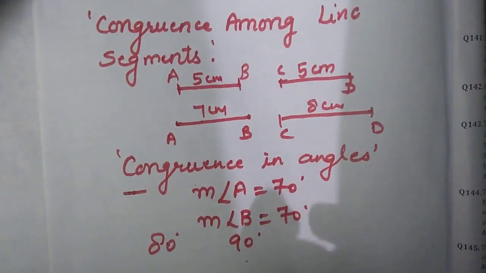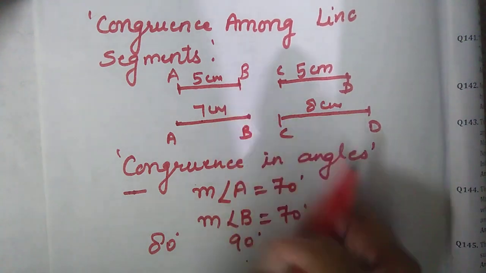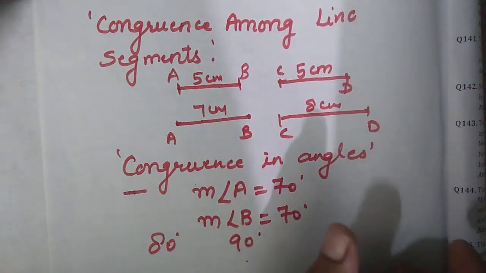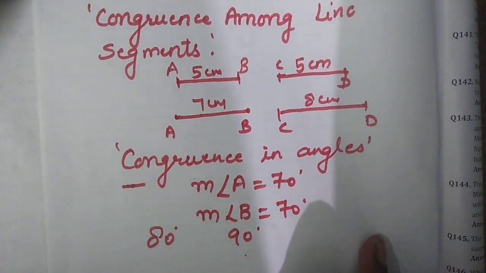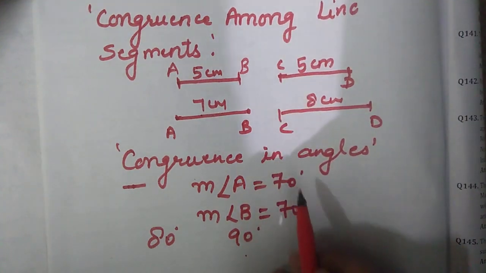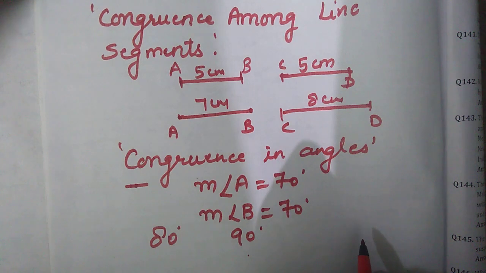So we have learned about congruence in line segments and angles. Two line segments are congruent if they have the same measurement, or you can say the same length, and two angles are congruent if they have the same measurement. If one is 70, then the next one should be 70, then we can say that the angles are congruent.